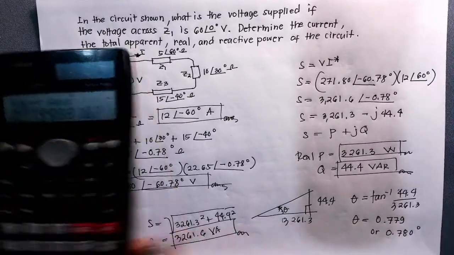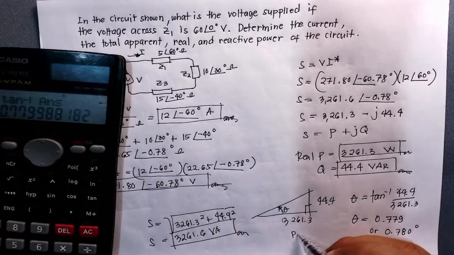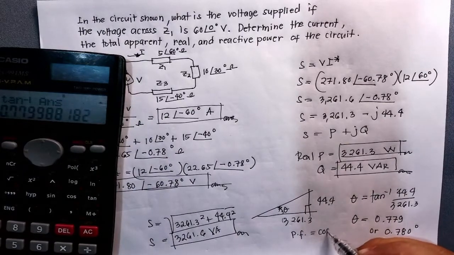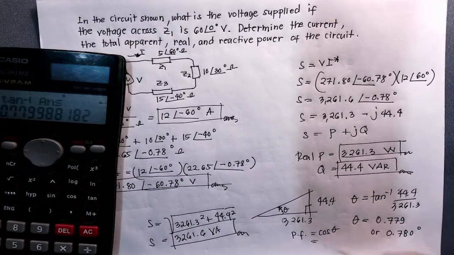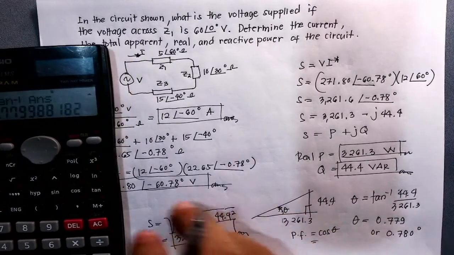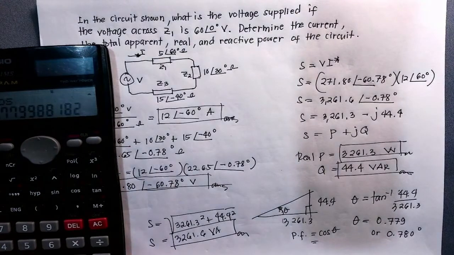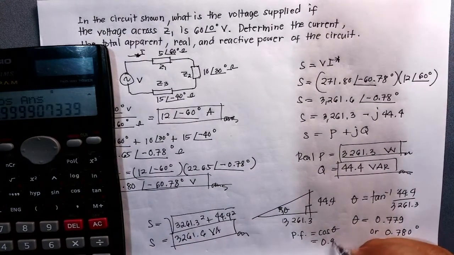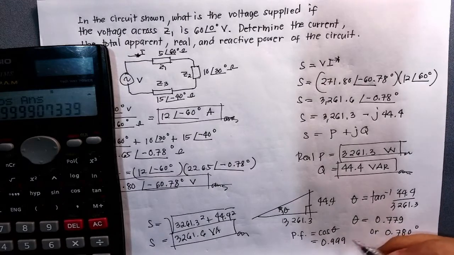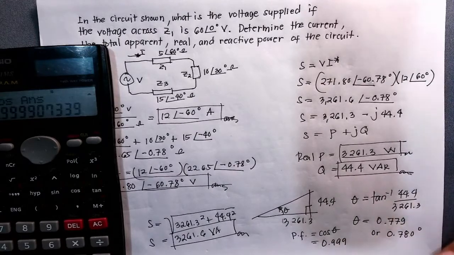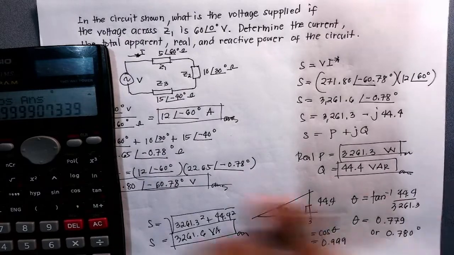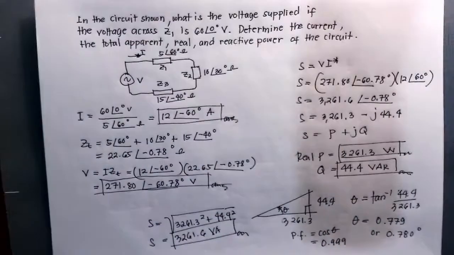Now to get the power factor, that will be the cosine of theta. So the cosine of 0.780 will be 0.999, and also the reactive factor is the sine of theta. So this is how you solve for this problem.